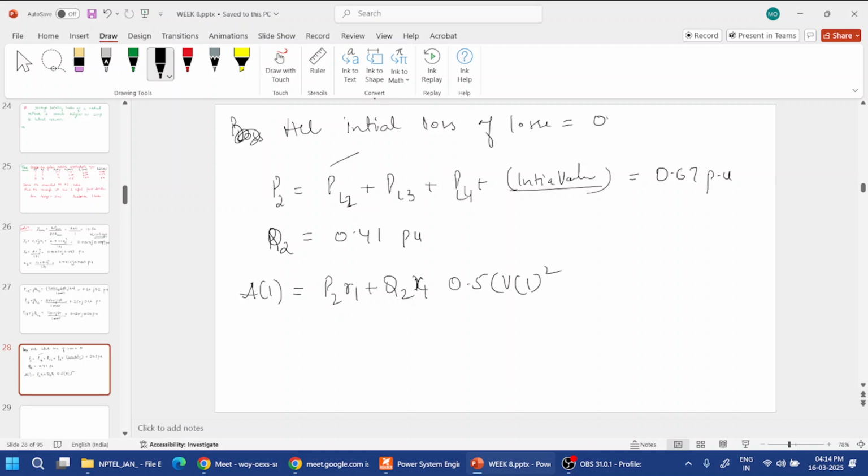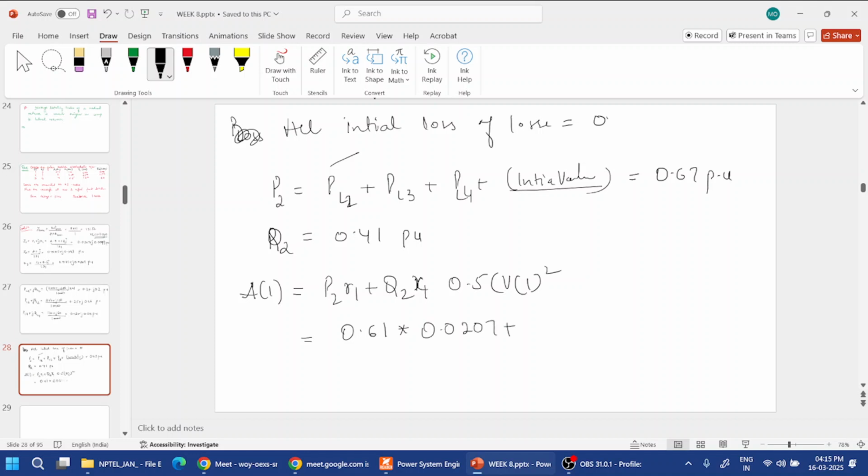This you have seen in the lecture when we do load flow analysis using the forward backward sweep method. So if we calculate it, what is P2? 0.61 into R1. What is R1? R1 is 0.027.